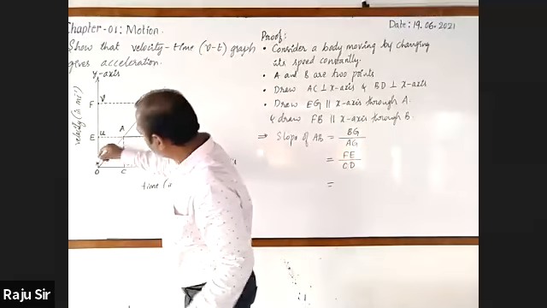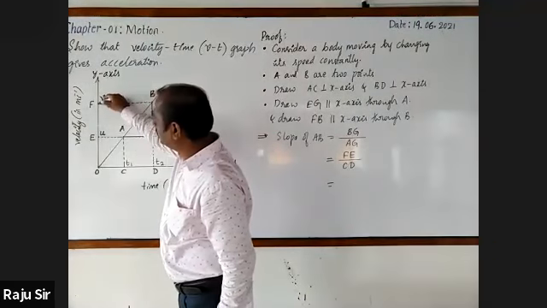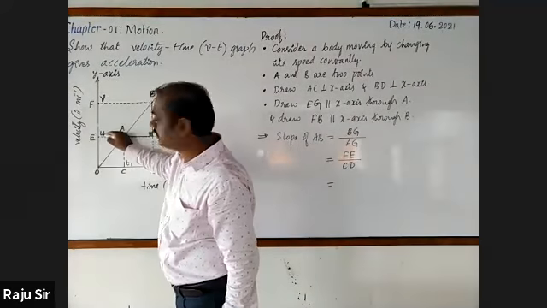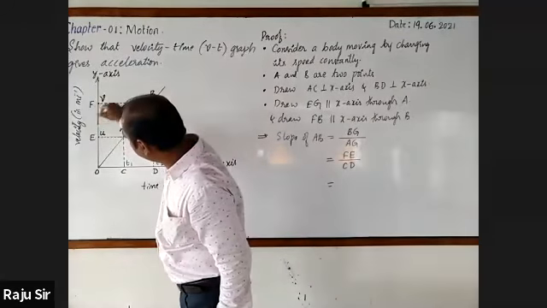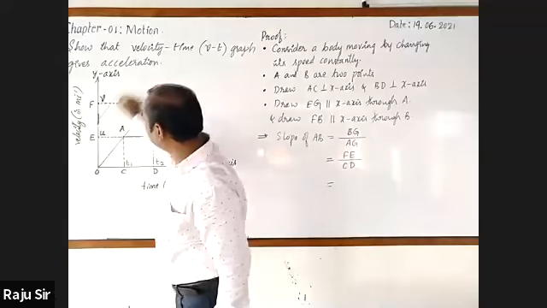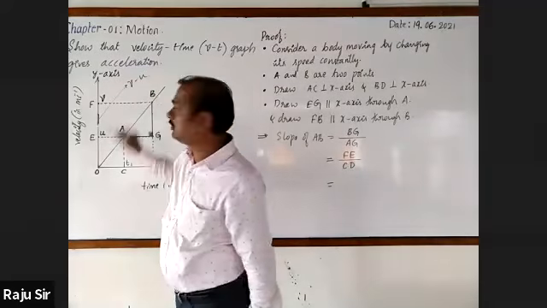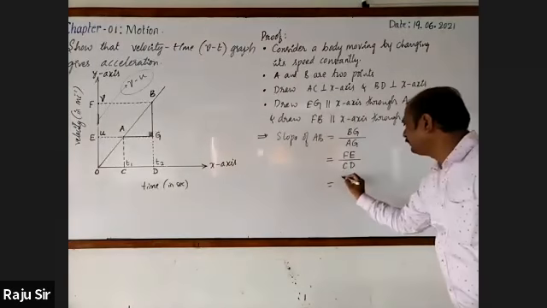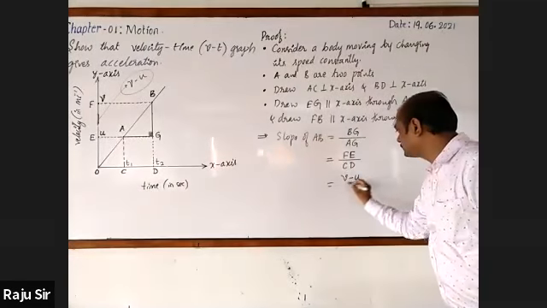Look here, from here to here it is V, small v. From here to A it is U, but we want only this much: V minus U. Got it? In place of FE, let us write V minus U.